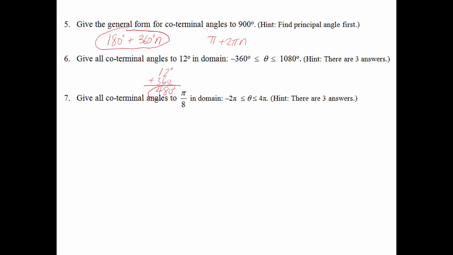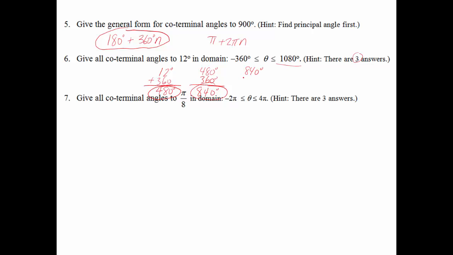That's my first one. There are 3. And then I'm going to add 360 again, until I go past this number here. So I'm going to get 840, and that's my second answer.